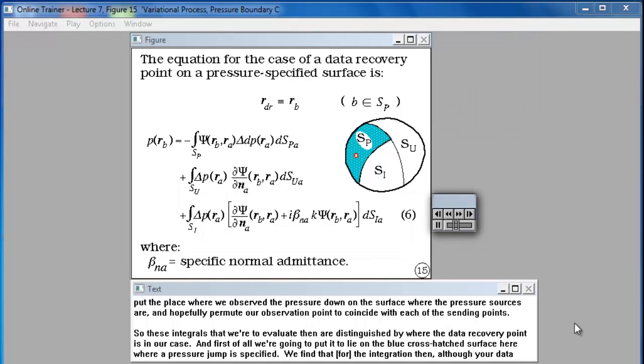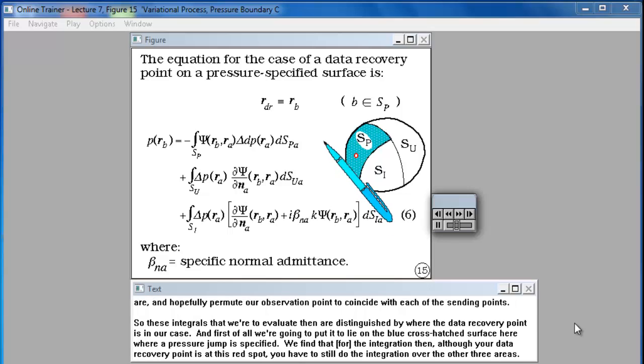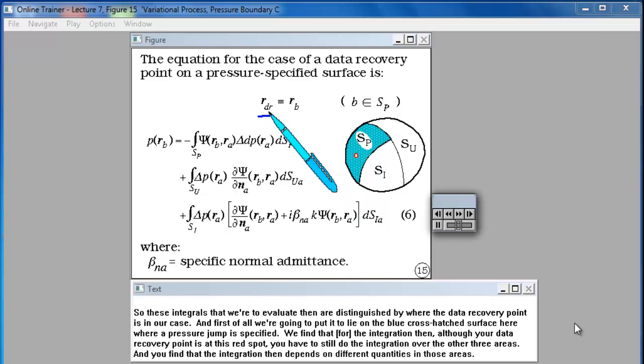So these integrals that we're to evaluate then are distinguished by where the data recovery point is in our case. And first of all, we're going to put it to lie on the blue crosshatched surface here where a pressure jump is specified.